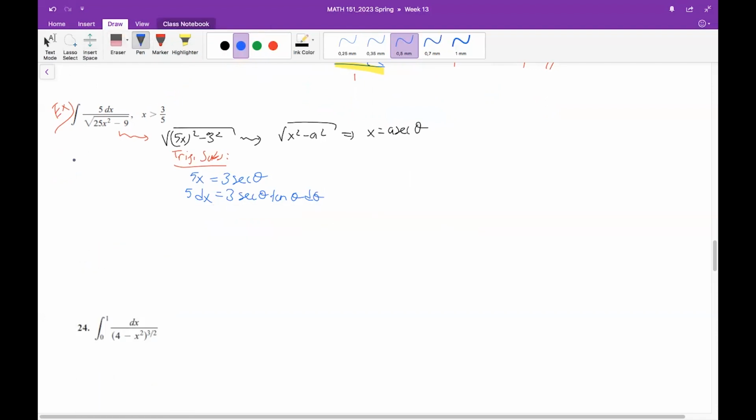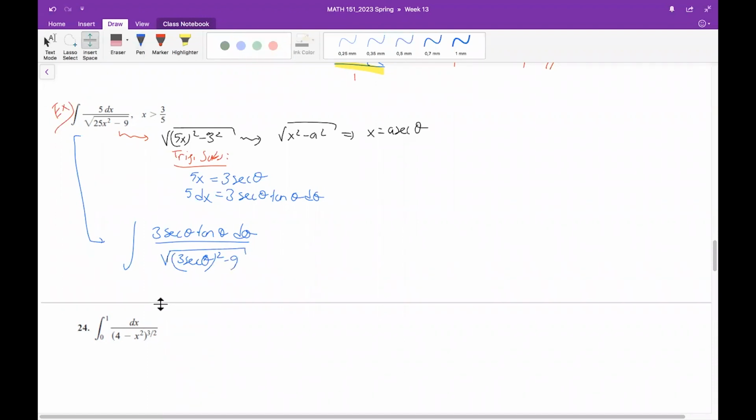So let's rewrite our integral in terms of theta. 5 dx is written as 3 times secant theta tangent theta d theta divided by, so this is what? This is 5x squared minus 9. Instead of 5x, I am writing 3 secant theta squared minus 9. So what is this then?